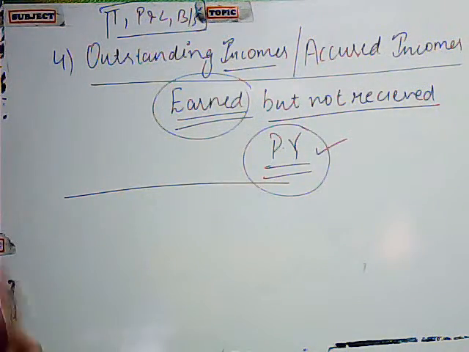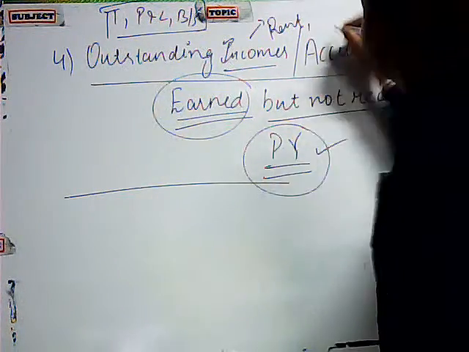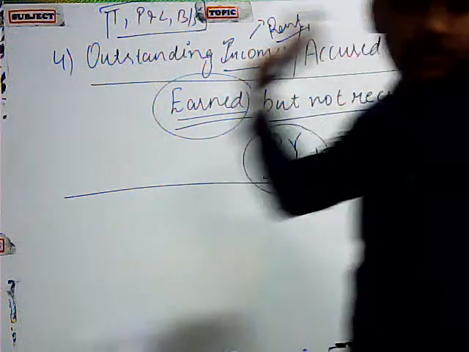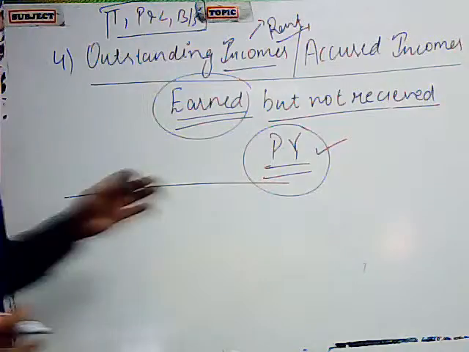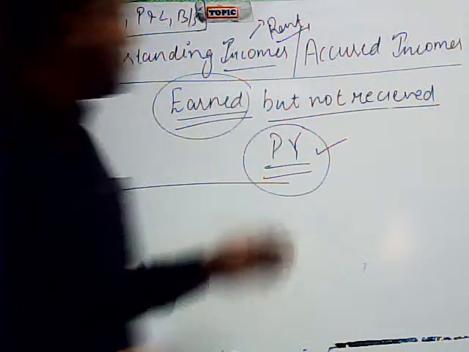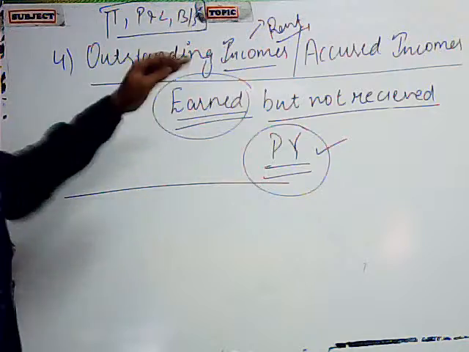As we know, outstanding income may be a debt, tuition, rent, commission, salary. So these are some terms related with your income. According to the nature of the particular item, we have to record this transaction.